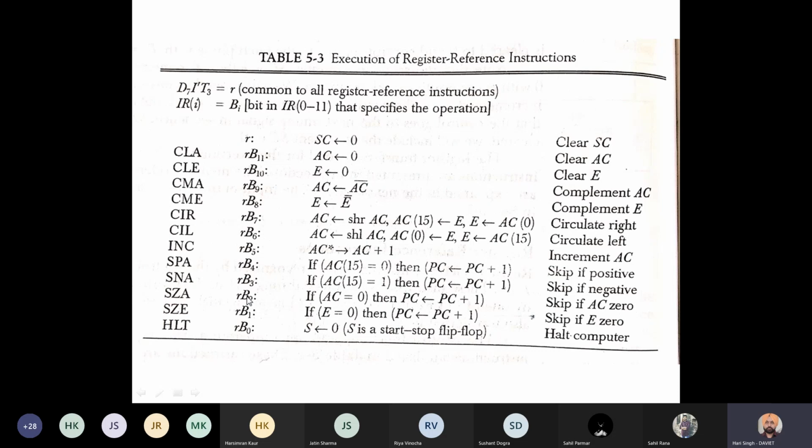If B2 is 1, then skip if accumulator is 0 is executed, and so on. If B9 is 1, along with the status of these bits, the microprocessor will execute the complement accumulator instruction. It will place the complement of the accumulator in register AC.